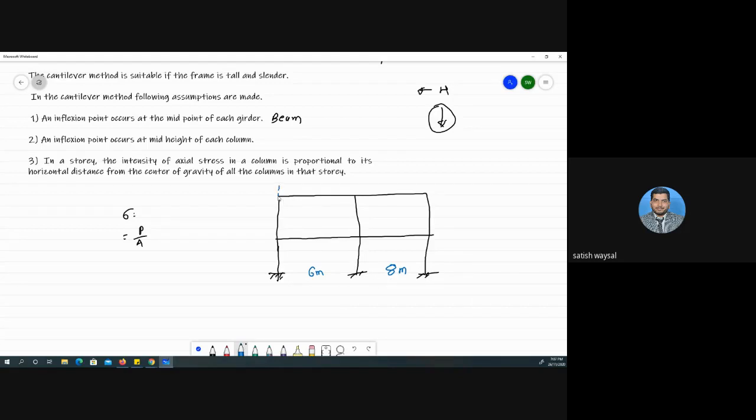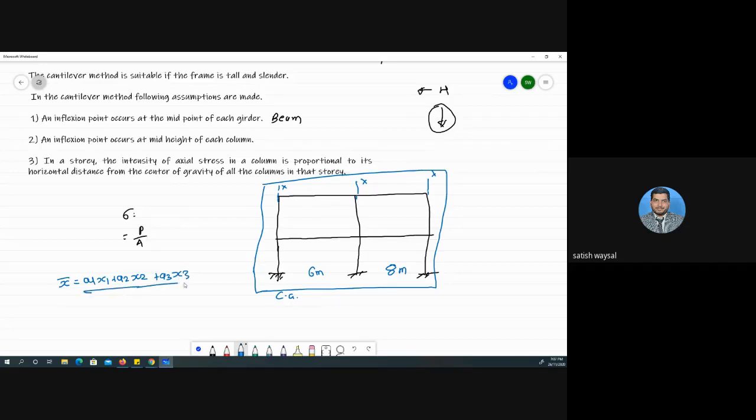For every member, its own x-axis is there, but if we compare the entire structure, its CG will be different. How can we find the CG of the combined members? The formula is x bar equals A1 x1 plus A2 x2 plus A3 x3 upon A1 plus A2 plus A3. Here A is the area of the column.